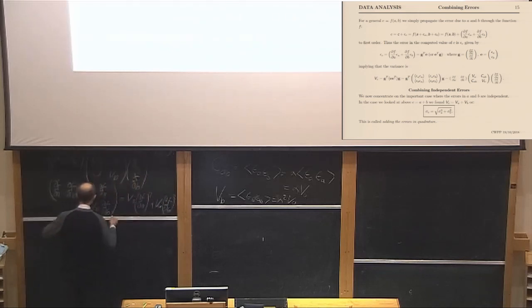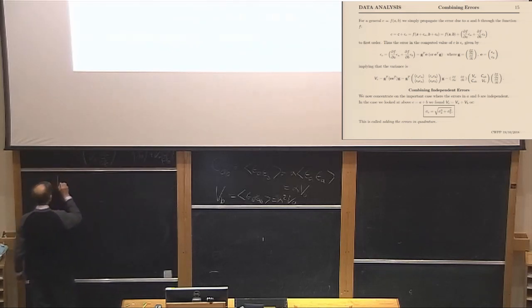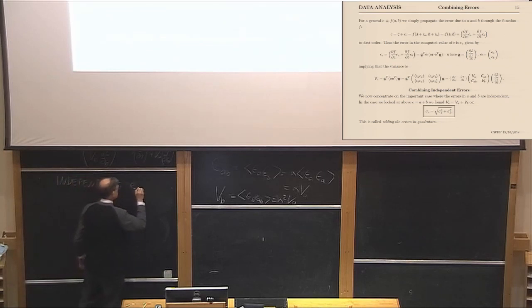So the variance on C, so this is independent errors, we get the variance on C is VA df dA squared plus VB df dB squared.